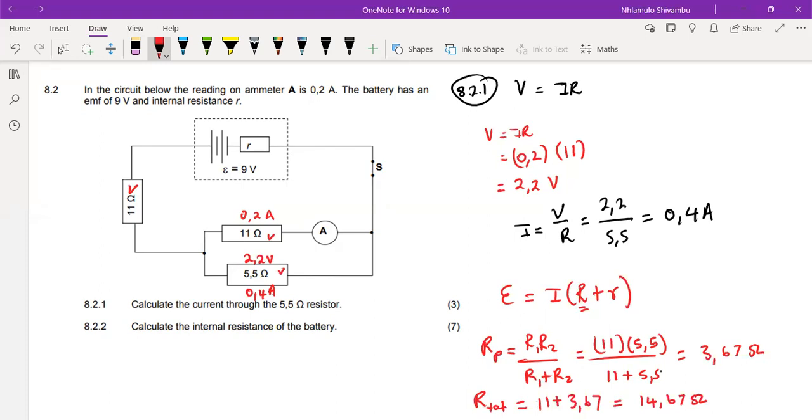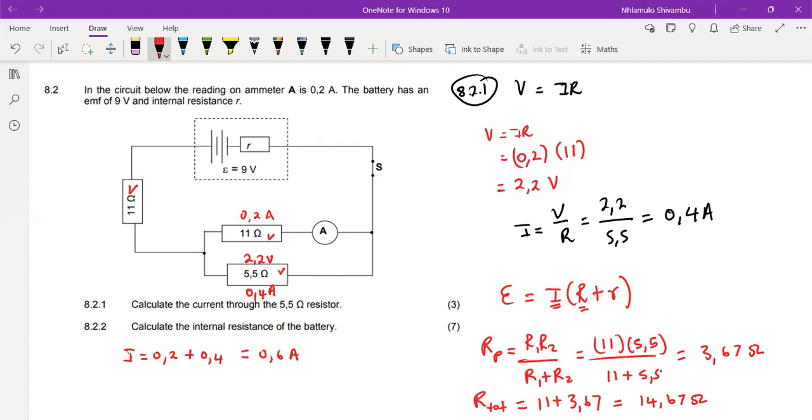So now that we're done with the total external resistance, we need to get the total current of the circuit, which is the capital letter I. So the total current of the circuit will be given by the 0.2, that is in the 11 ohm resistor, plus the 0.4, that is in the 5.5 ohm resistor, and this will give us 0.6 amps.